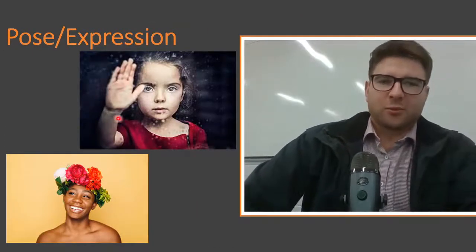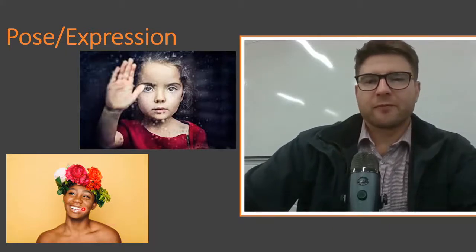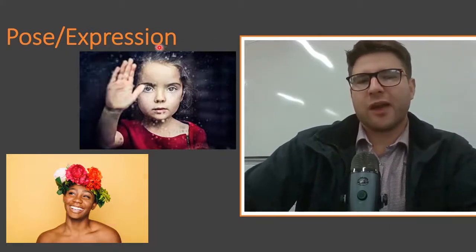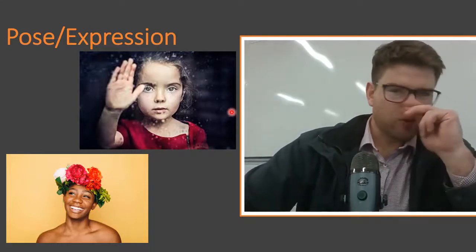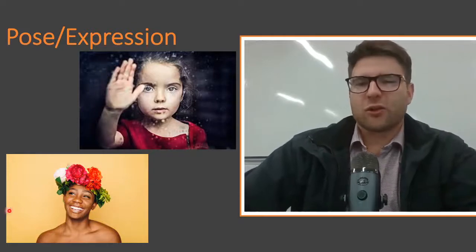Similarly with the pose and the expression of your subject. So how you have them stand, where you have them stand, what you have them do with their hands, where you have them look, do they smile, do they frown, whatever pose or expression you have the subject doing should also contribute to that story you're trying to tell.